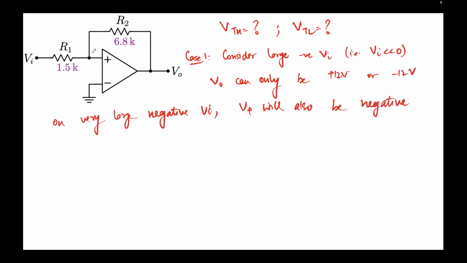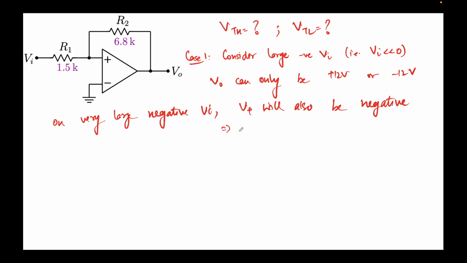Why negative? Because you can see that the potential here is dividing in ratio 1:5, right? If you apply minus 20 or minus 100, let's say, and even if it's plus 10, this will be divided in 1:4 or 1:5, something like that. So it will always be negative, something like minus 90. It will be a negative voltage.